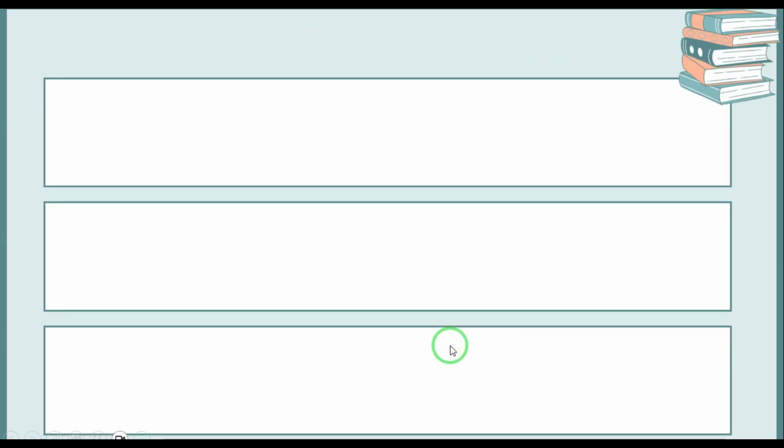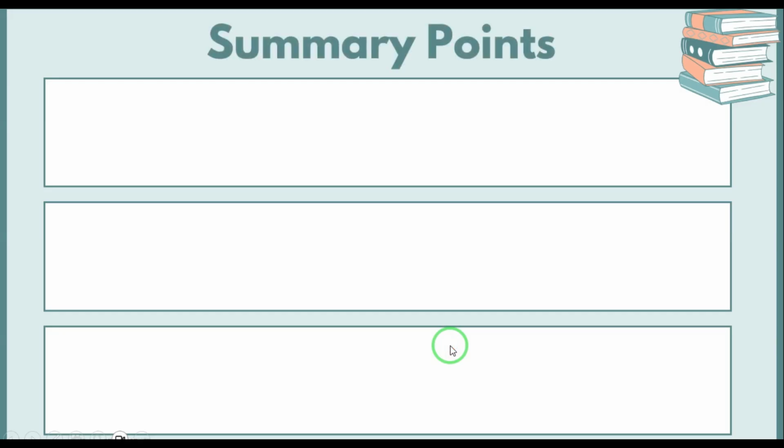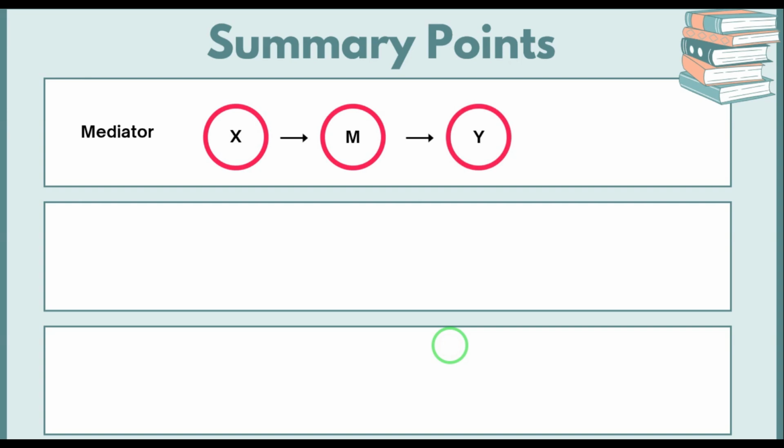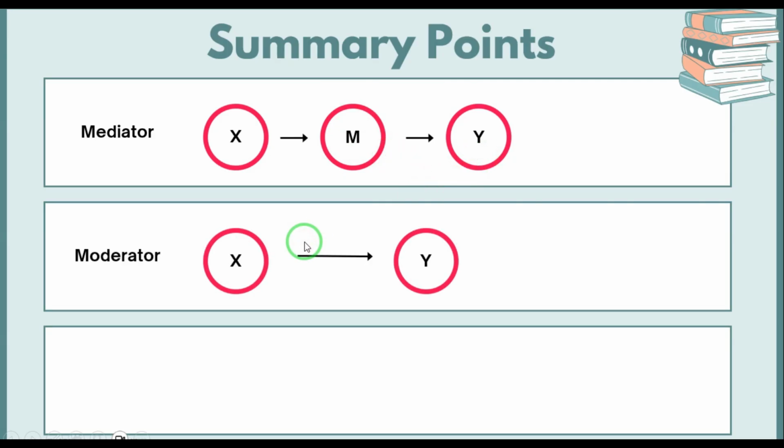So before we move on to the conclusion part, let me differentiate between these three types of variables that we just learned so that we don't confuse them. Mediator is a variable in a causal pathway. For example, does X affect M, then mediator affect Y. Moderator is like an interaction part. Does the XY relationship change at different levels of Z?